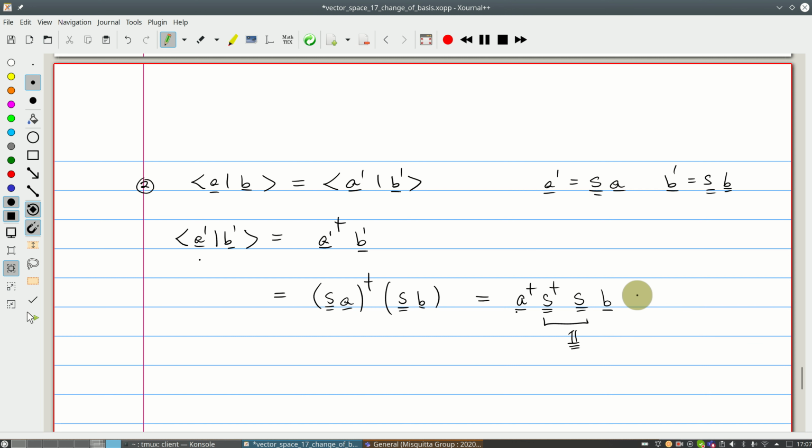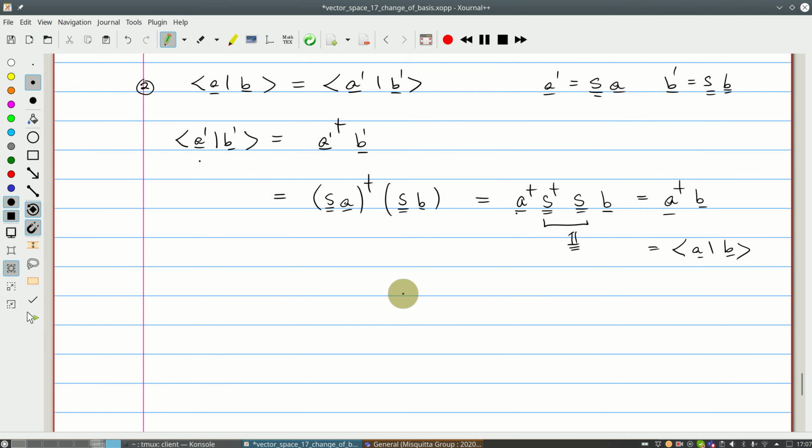Therefore, this is equal to A dagger B, which is simply the inner product of A with B. Therefore, inner products are invariant.